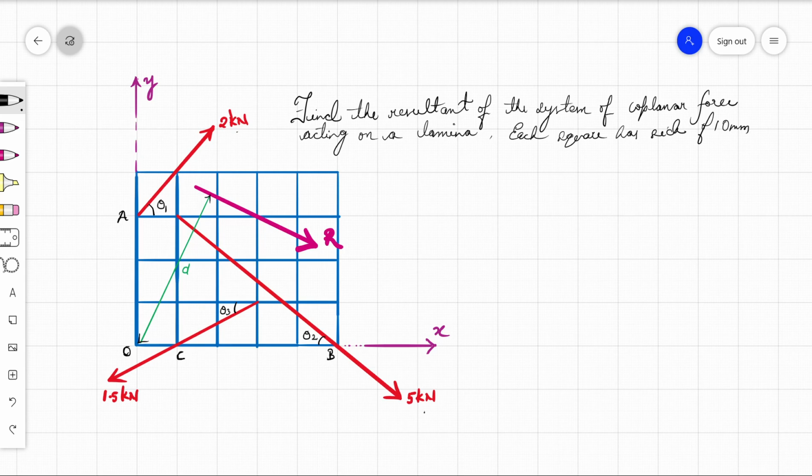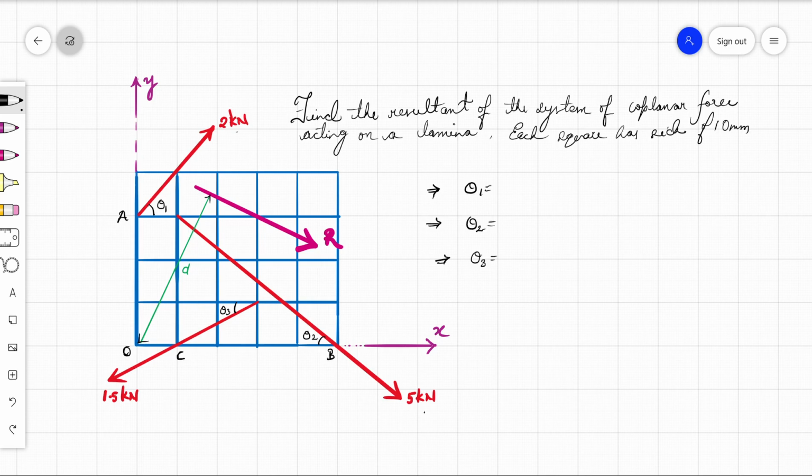So we proceed with first finding the theta values. Okay, that is theta 1, theta 2 and theta 3. Our first procedure will be to find theta 1, theta 2 as well as theta 3.